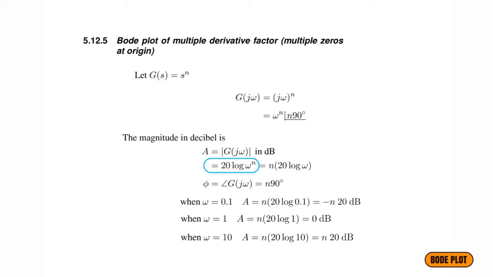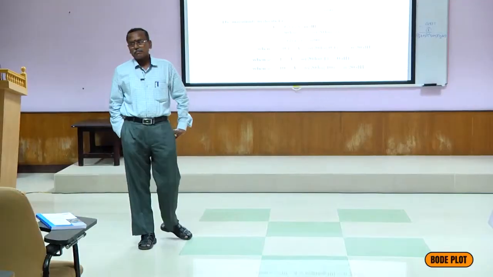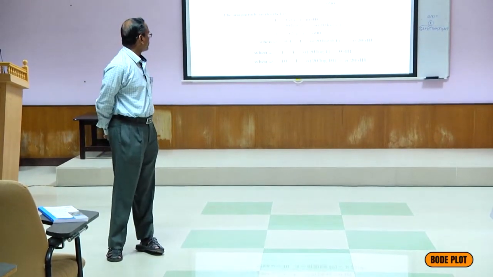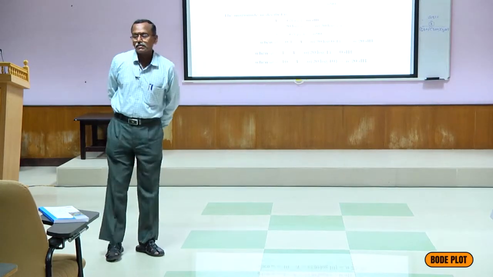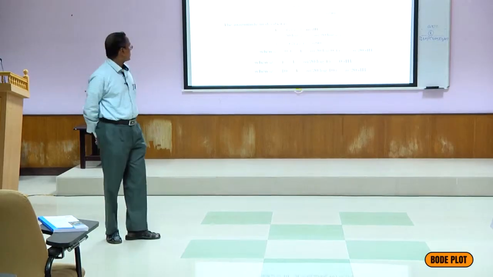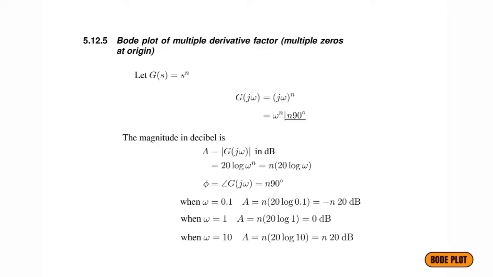Suppose n equal to 2, it means 40 log omega is the magnitude. For phase, it is n multiplied by 90; if n equal to 2, it means 180. For example, if omega equal to 0.1, the magnitude becomes minus n times 20 dB. For n equal to 2, it means minus 40 dB.